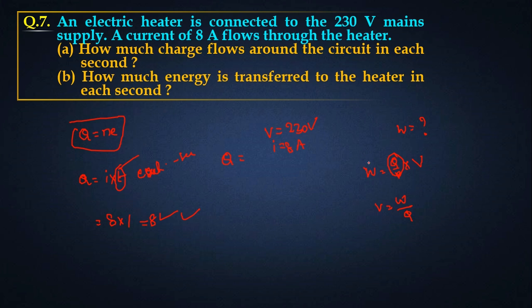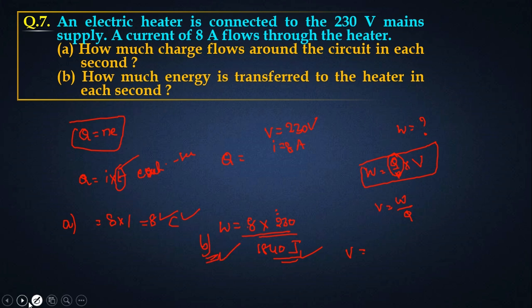Then W is equal to Q, 8 coulombs, into V, 230. 8 into 230, 1600 plus 240, is 1840 joules. So it is very easy to answer. This is for the A bit, and this is for the B bit.